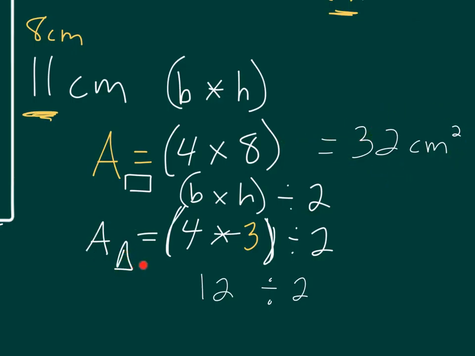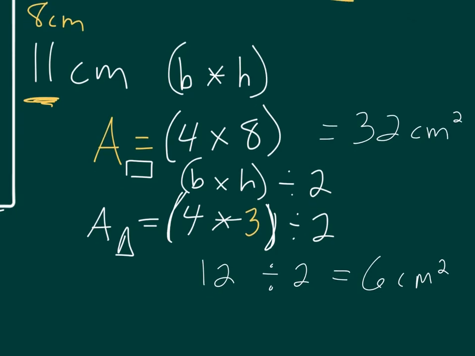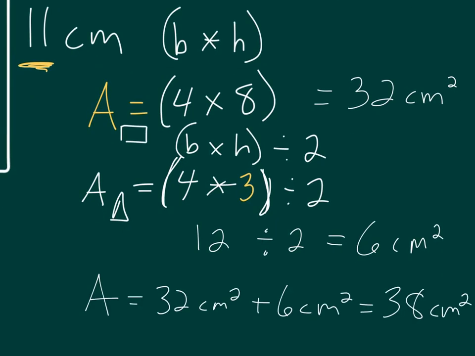And down here in the triangle, I've solved the first part in parentheses is 12 centimeters squared divided by 2 equals 6 centimeters squared. And if I put those together, you can see that I would get 38 centimeters squared for my total area. And there's my final equation. Area equals 32 square centimeters. That's the rectangle. And 6 square centimeters, that's the triangle, will equal a total of 38 centimeters squared.